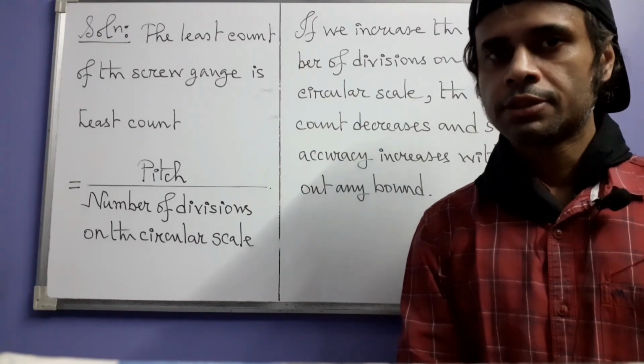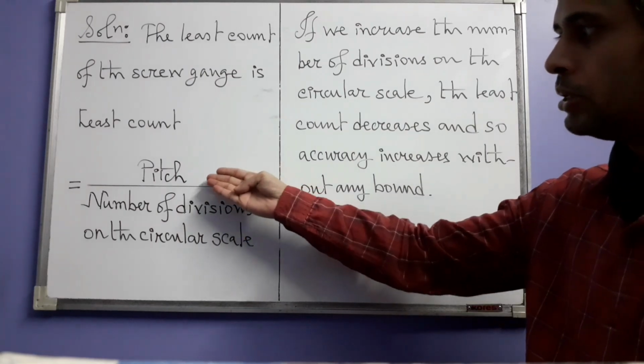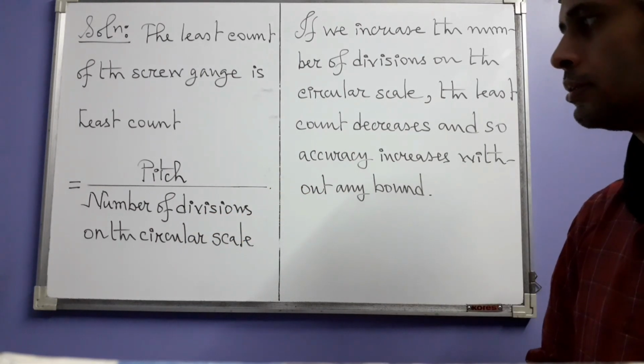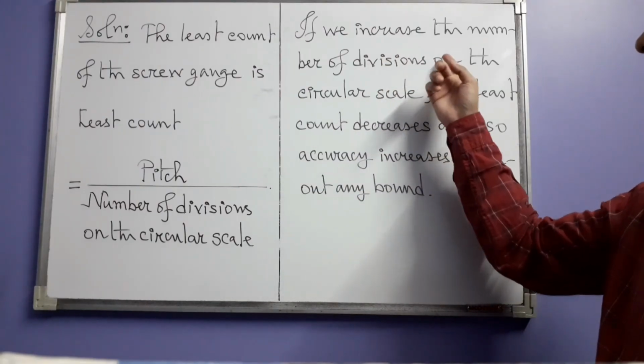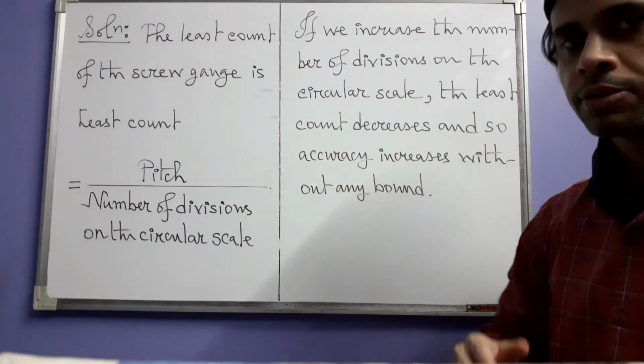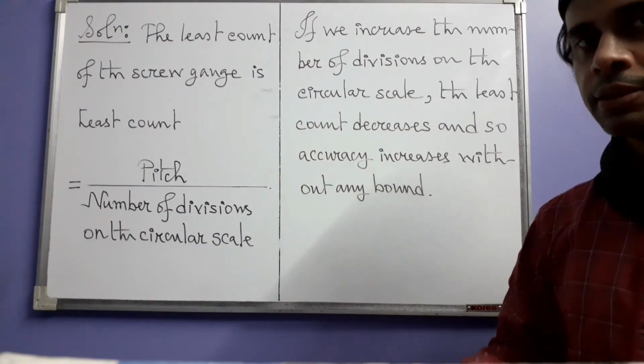The accuracy of a screw gauge is measured by its least count, and the least count is pitch divided by the number of divisions on the circular scale. So yes, if you keep increasing the number of divisions on the circular scale, then the least count becomes smaller and smaller, and so accuracy increases.